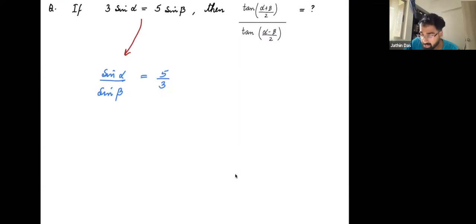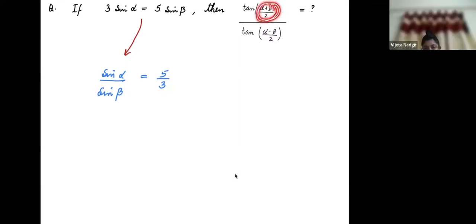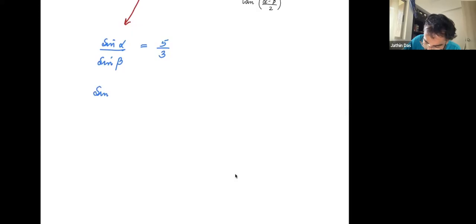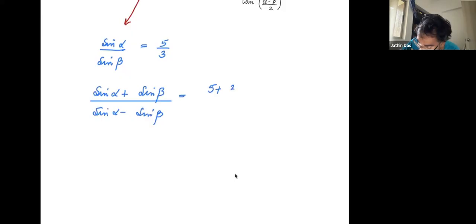See, the components there are alpha plus beta by 2 and alpha minus beta by 2. Componendo and dividendo. Correct. Good. After componendo and dividendo you'll get sin alpha plus sin beta divided by sin alpha minus sin beta. Remember this, how it comes. This will always help you somewhere else.